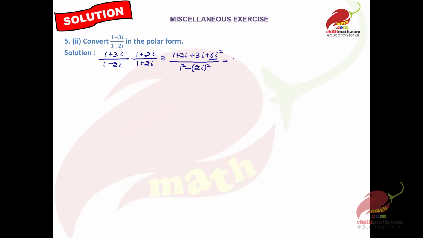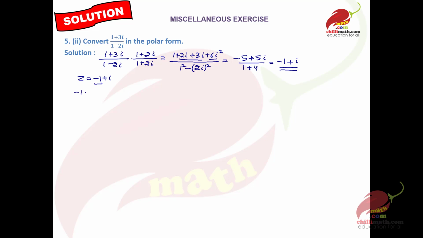This is 1 minus 6 is minus 5 plus 5 iota over 1 minus 4 iota square, that is plus 4. Upon solving, minus 5 upon 5 minus 1, 5 iota upon 5 is iota. So it is the same as we have done in the first part. Fifth question, first part, the same complex number was there. So z is equal to minus 1 plus iota.